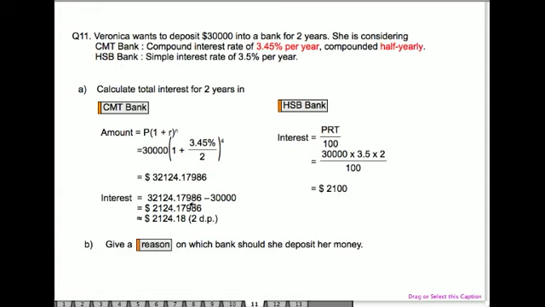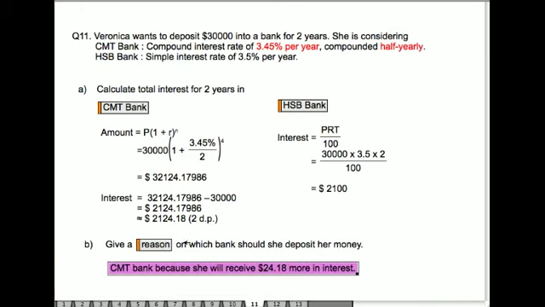Comparing the two, we find that CMT gives us more value for the interest. Thus, she will choose CMT Bank because she will receive $24.18 more in interest.